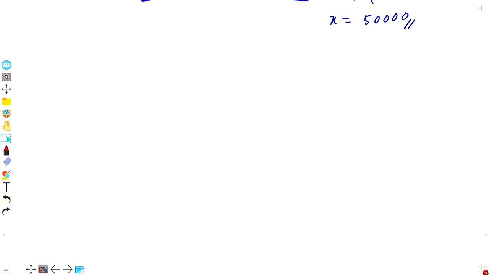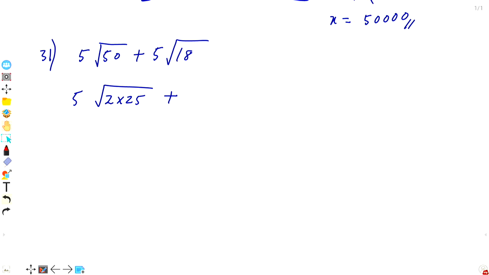Okay, next one. 31. Okay, so the 31st question: 5 square root 50 plus 5 square root of 18, right? So I can write 50 as 2 times 25, plus 5, this is going to be 9 times 2.